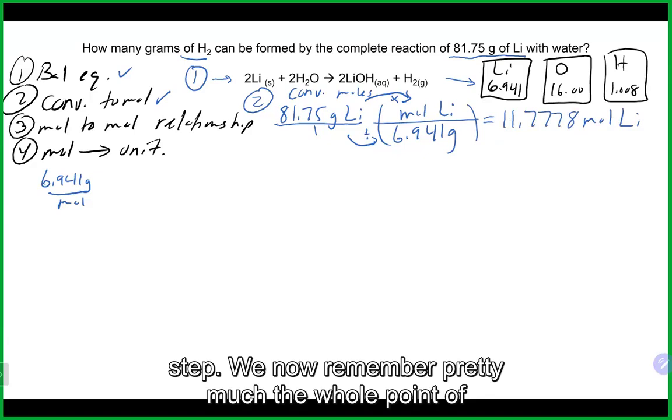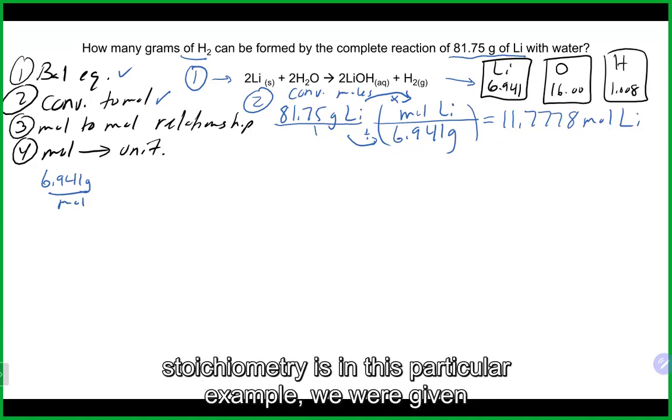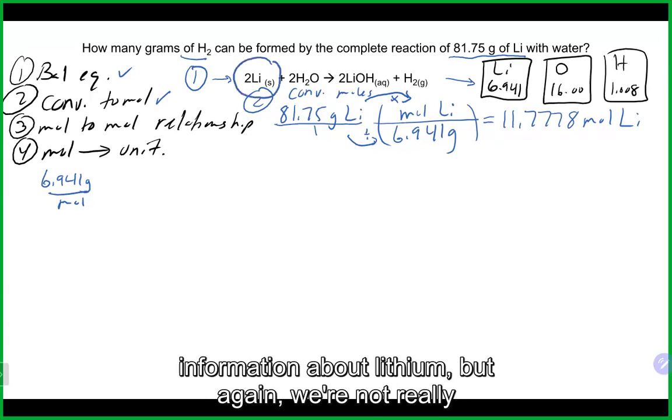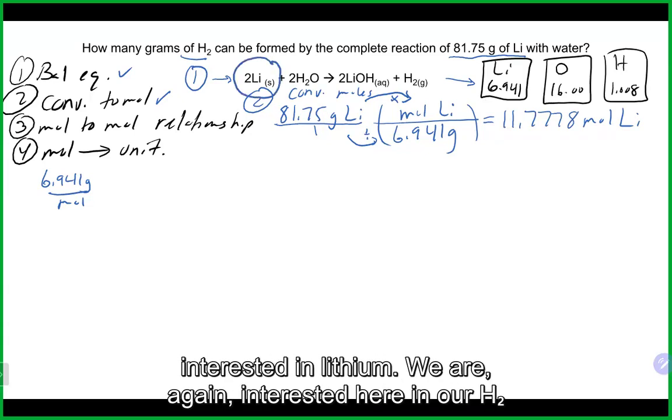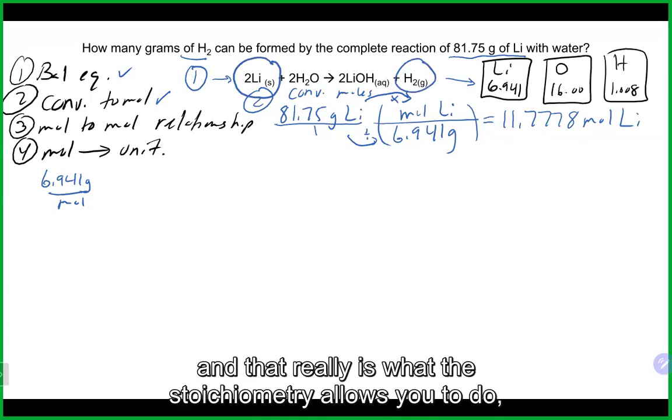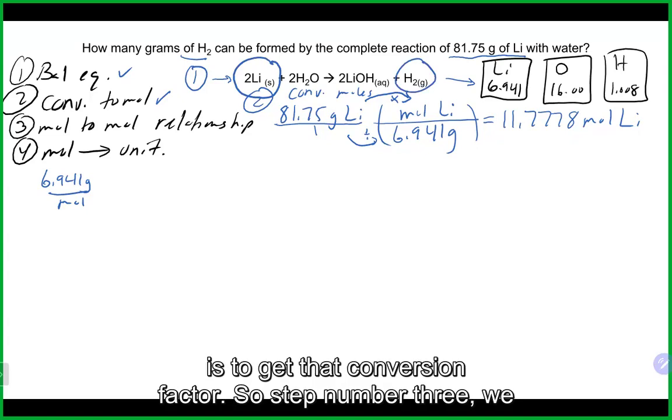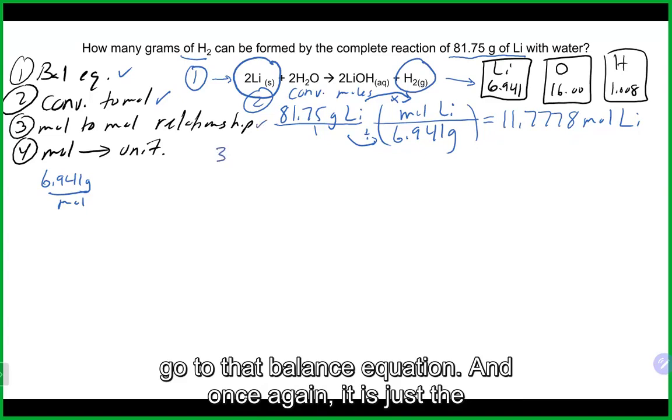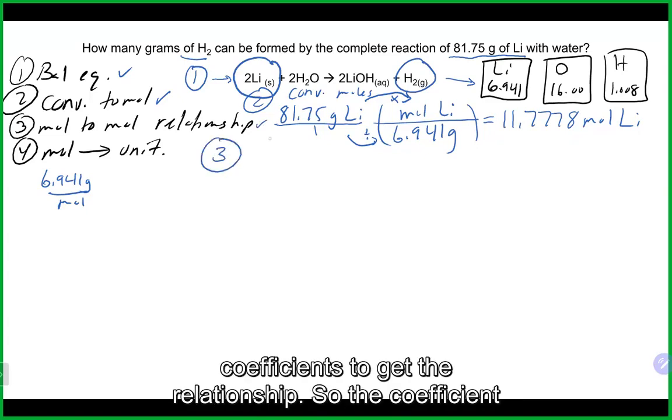Remember, pretty much the whole point of stoichiometry is that, in this particular example, we were given information about lithium, but we're not really interested in lithium. We are interested here in our H2, and that really is what the stoichiometry allows you to do, to get that conversion factor. So step number 3, we go to that balanced equation, and once again, it is just the coefficients to get the relationship.